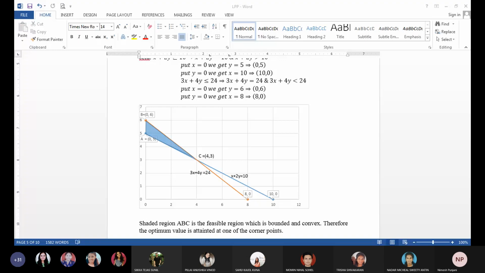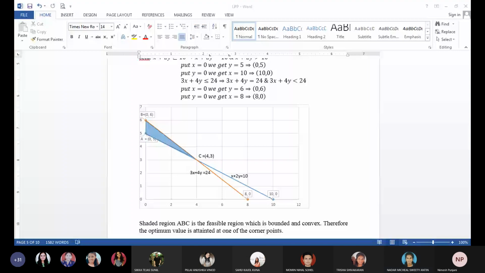Draw the line, draw the region. Then the feasible region will be the common region that is satisfying all the given constraints. Is the region clear?